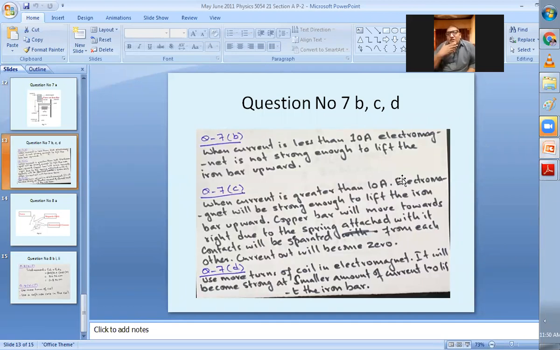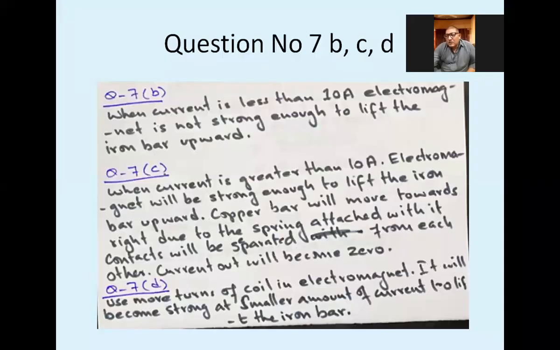So use more turns of coil in the electromagnet. It will become strong at a smaller amount of current to lift the iron bar.